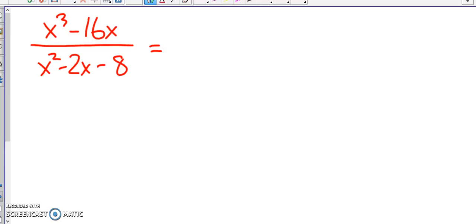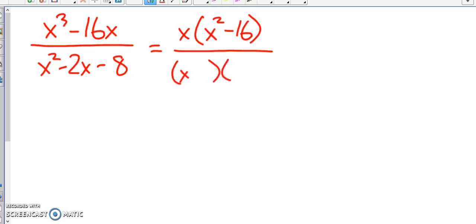Notice that the top part has a common x, so that would be x times (x squared minus 16) over, and for the bottom part, I'd need what multiplies to give me negative 8 but adds to give me negative 2. That'd be negative 4 and positive 2. And notice that I can further factor the numerator.